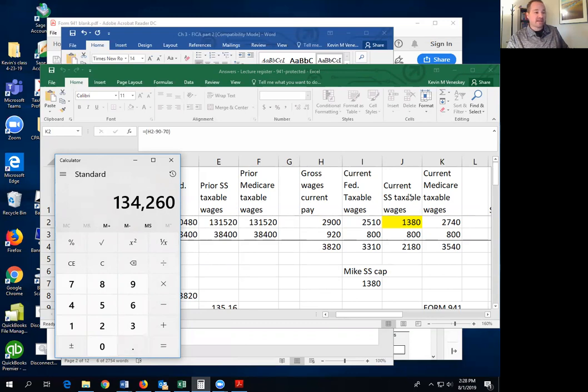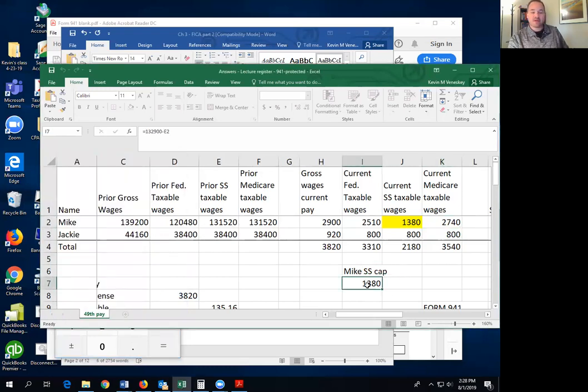So I don't want to tax all 2,740. I want to find what's left. You take the 132.9 and subtract out the 131,520. That leaves me with 1380, and that's what I did here. That's what I would want you to do in your work that you turn in: show me how you found the cap.